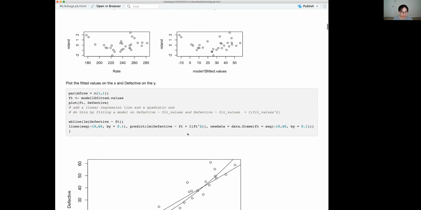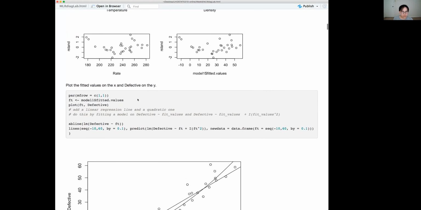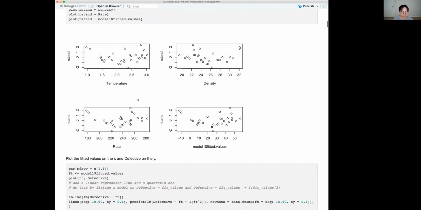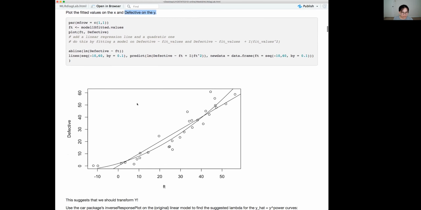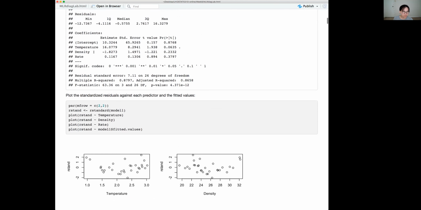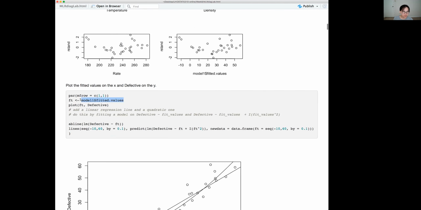Right, we will plot the fitted value on the x-axis and the defective on the y-axis. So the fitted value is extracted from your model 1, which is this model. We get the fitted values and we plot them on the x-axis.